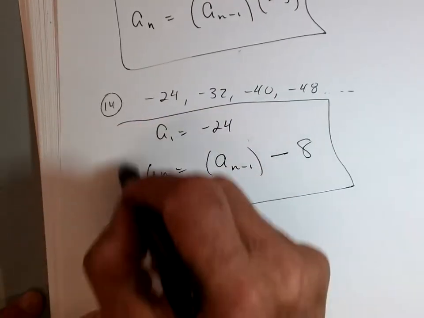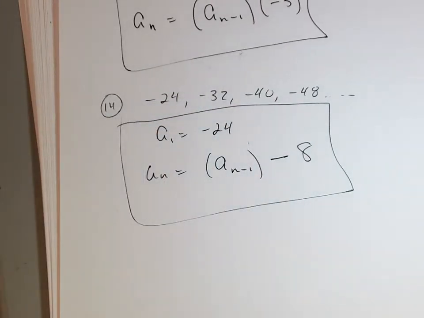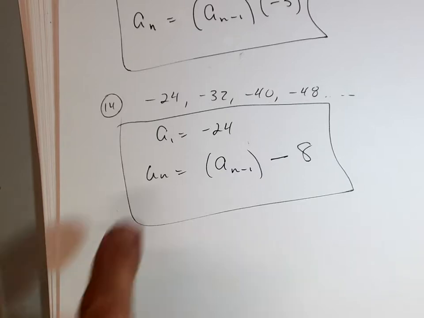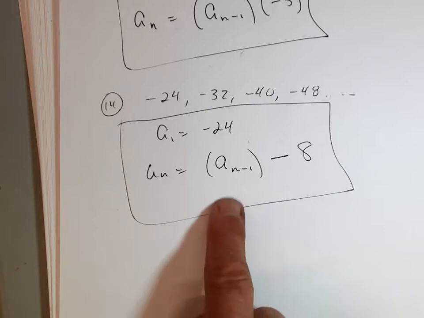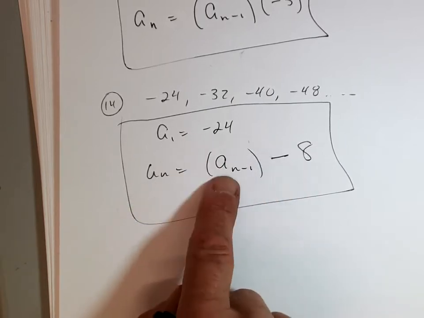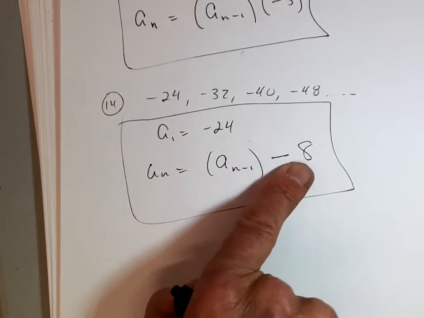You need both. You need to know where to start and then tell me what's going on. You start at -1 and then take your previous term, subtract 8.